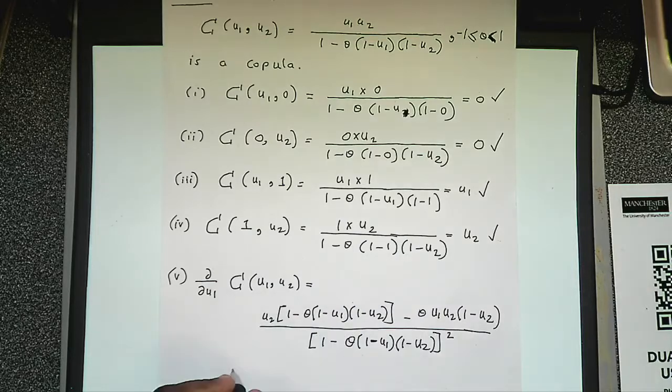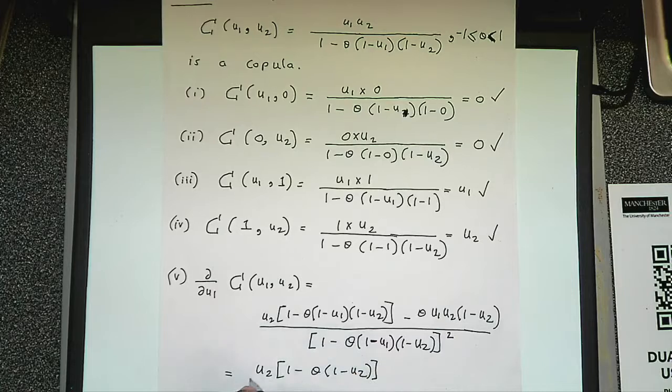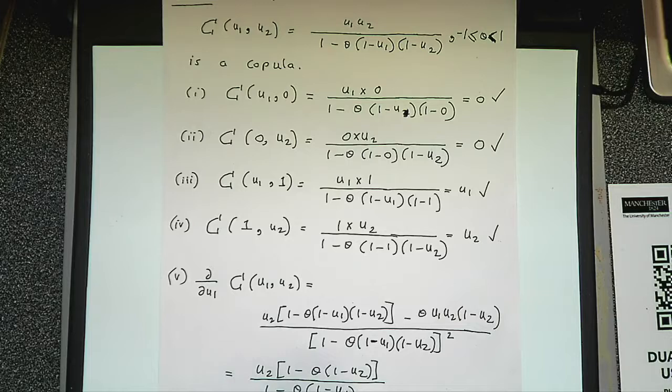And if you simplify this, guys, you will get u2 1 minus theta 1 minus u2, divided by 1 minus theta 1 minus u1 1 minus u2 squared. Now clearly 1 minus u2 is a number between 0 and 1.